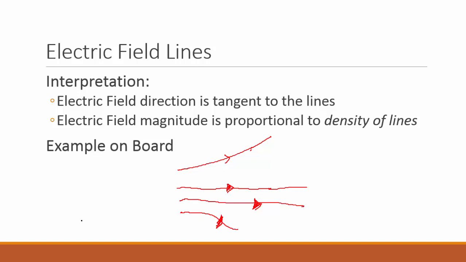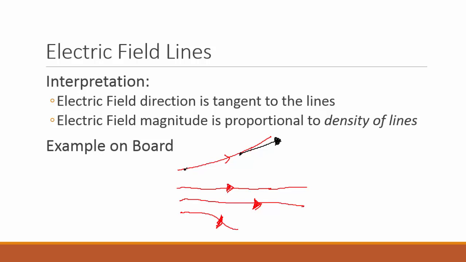I will draw the electric field vectors in black. Now, let's choose a point here. Here, the vector is going to be in the same direction as the line, which is up and to the right. And I'll choose the length of it arbitrarily, just a length I can show easily. Down here, it's going to be in a different direction.